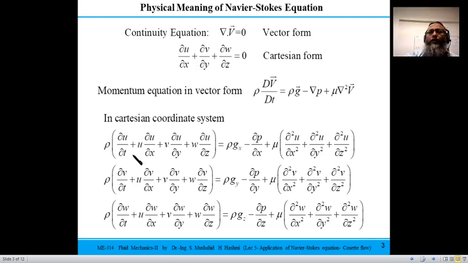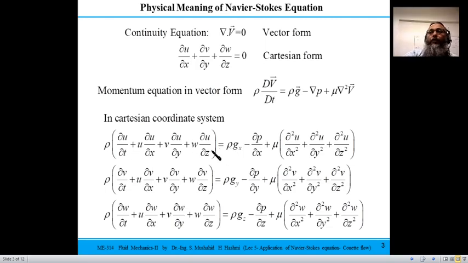If the fluid is accelerating, the fluid is changing its velocity as it is moving in the x, y and z directions, and the velocity components are u, v and w. So this is the convective part of the acceleration, and rho times acceleration is the force per unit volume.